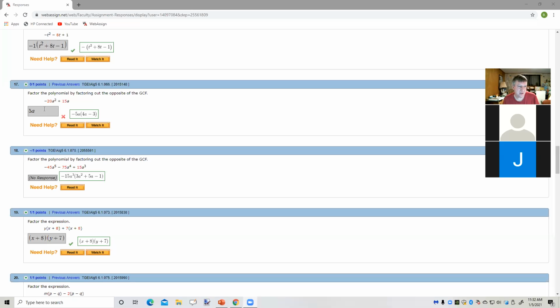Now, this student took out the greatest common factor, but it says factor it. It doesn't say identify the greatest common factor. So let me clarify that on my other screen.